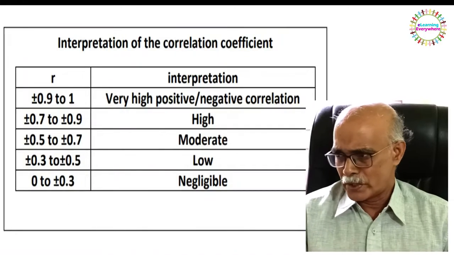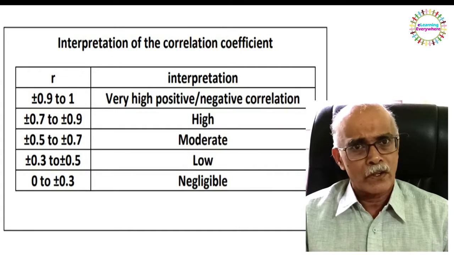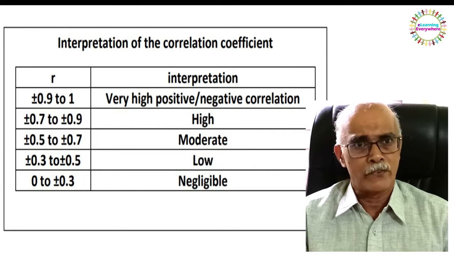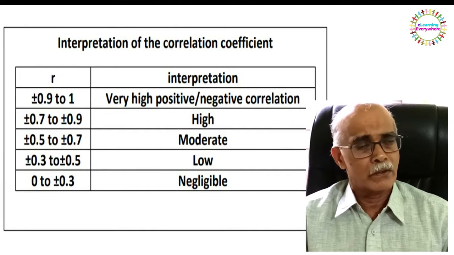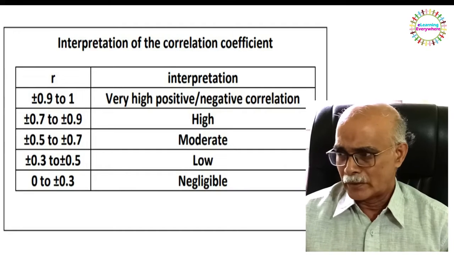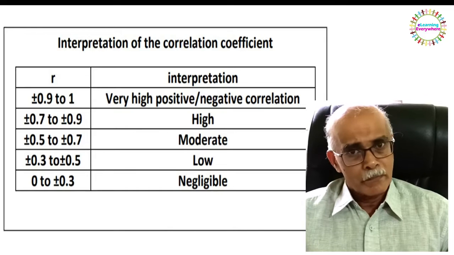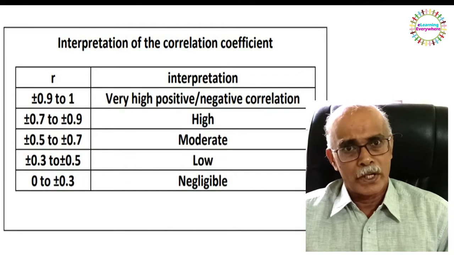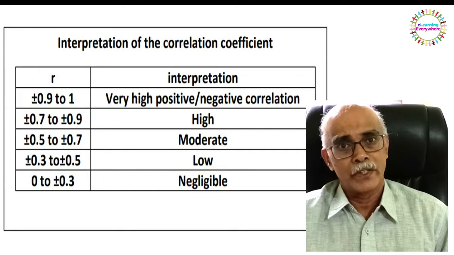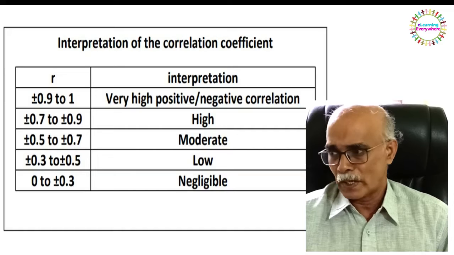For this purpose, the value of r, the correlation coefficient, whether it is plus 0.9 or minus 0.9: the values between plus or minus 0.9 to 1 we consider as showing very high positive correlation or very high negative correlation.